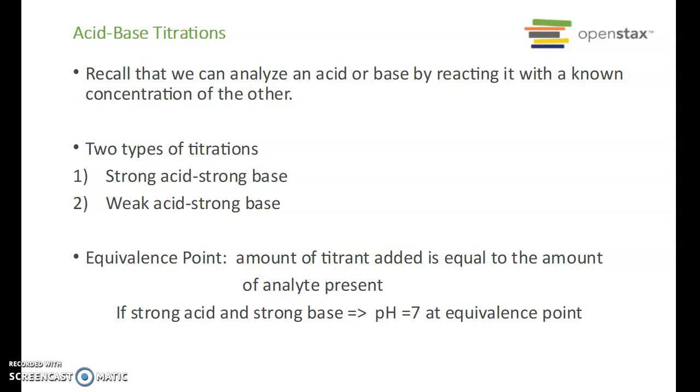You can have a strong acid, strong base type of titration, or you can have a weak acid, strong base type of titration. Now, the equivalence point means that the amount of titrant added, how much you've added through your burette there, is equal to the amount of analyte present in the solution down below. If it's a strong acid and strong base, usually the equivalence point is about pH 7.